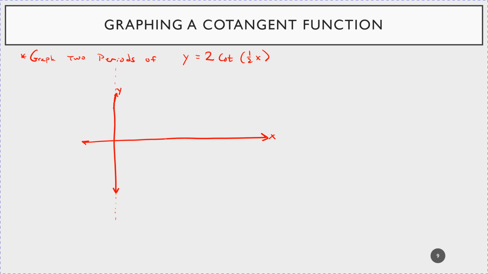Then we have one out at 2 pi. Because the period is 2 pi, another 2 pi away from here, it's going to repeat itself. So 2 pi away from 2 pi gets me 4 pi. There's going to be another vertical asymptote. What is the midpoint between 0 and 2 pi? Well, that's just pi. Then the midpoint between 2 pi and 4 pi is 3 pi.